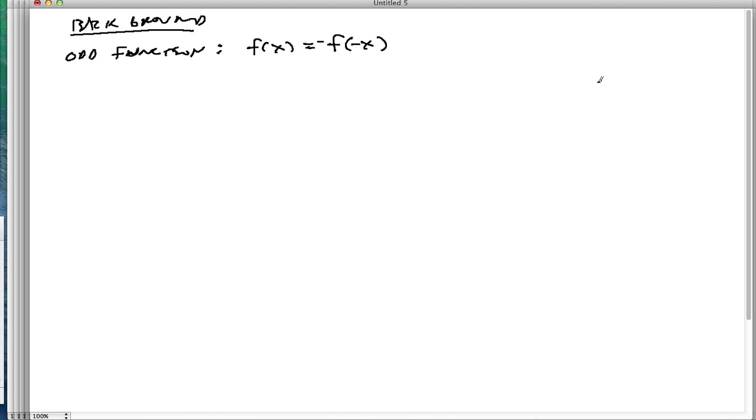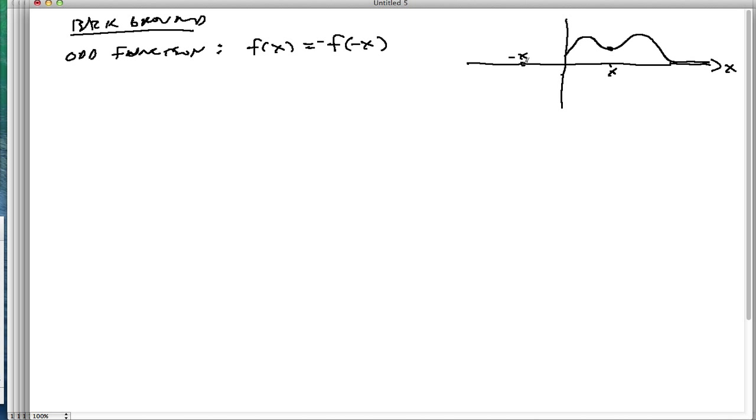What this represents is, if I have a function like something like this, and that's for the positive values of x. Now on the negative side, if I go to a point here, let's say, and I go to the same point on the opposite side, so this is x here, and I'll call that negative x there.